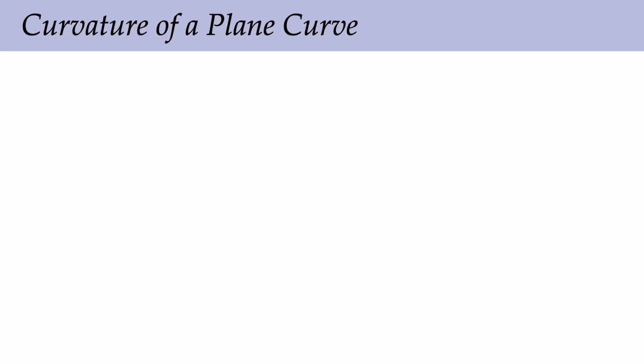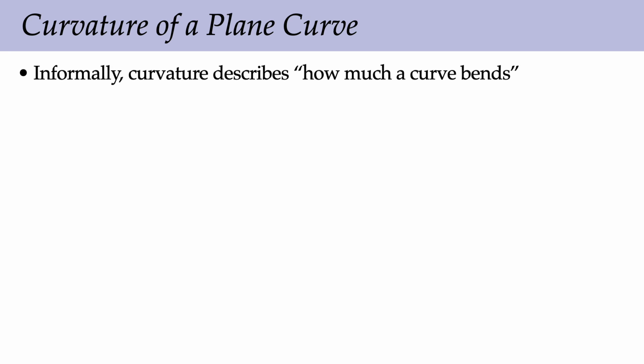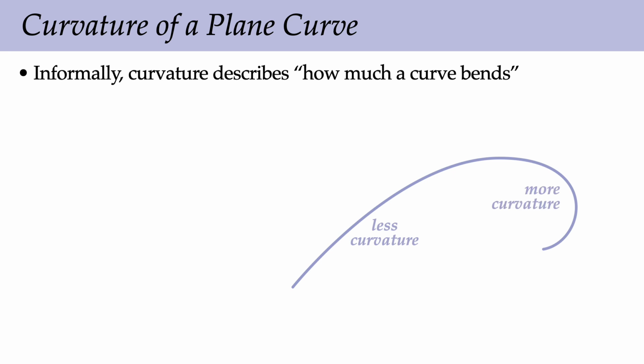An absolutely fundamental quantity associated with a curve is its curvature. So informally, curvature describes how much a curve bends. And so if I have this blue curve, then on the left part, I have very little curvature. I'm going pretty much straight. On the right part, the curve quickly turns, and so I have more curvature. How can we be more precise about this?